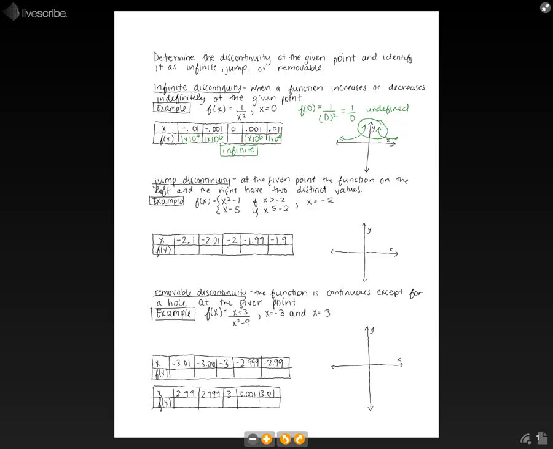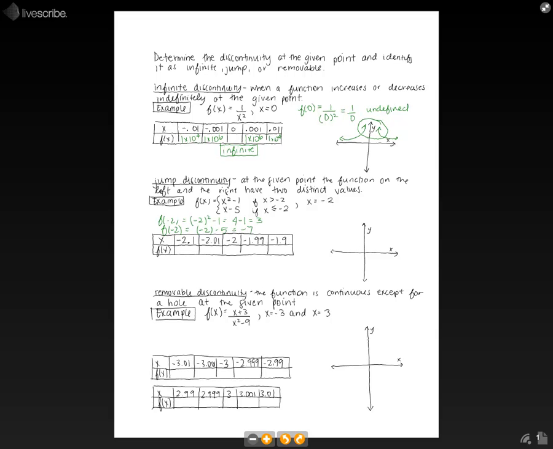So plug in negative 2 to both parts of the function. So f of negative 2 for the top function would be negative 2 squared minus 1, which is 4 minus 1, which simplifies to 3. F of negative 2 for the bottom equation is negative 2 minus 5, which simplifies to negative 7.